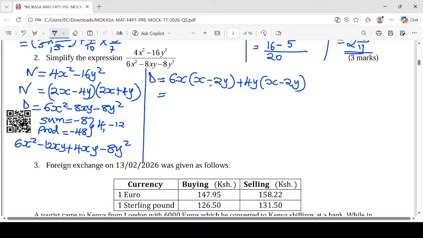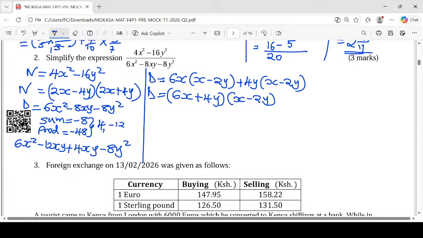Those that are outside the bracket, we wrap them inside one bracket. That is the 6x plus the 4y. Then those inside the brackets, because they are similar, we pick one, that is x minus 2y. This is the answer for our denominator part.